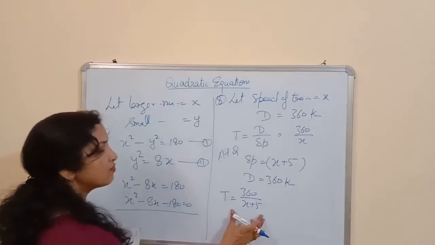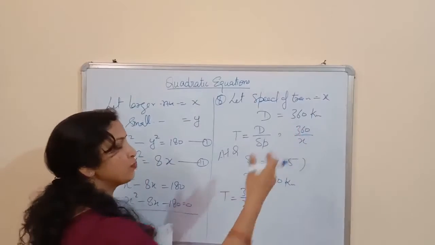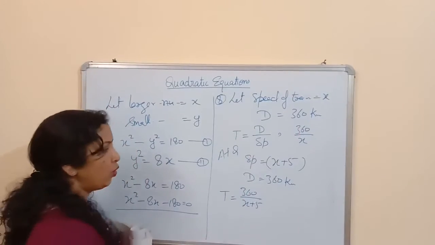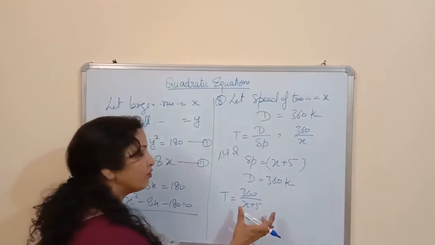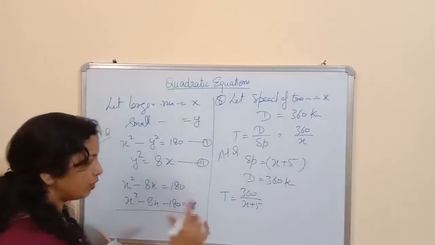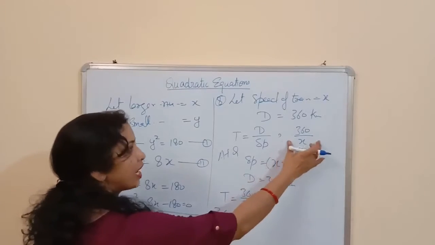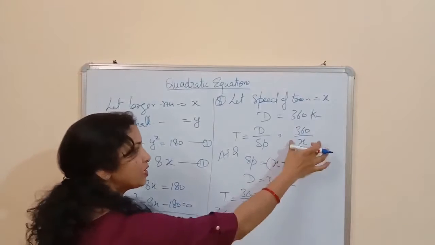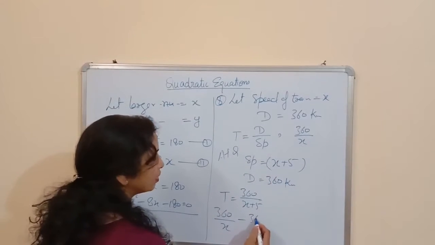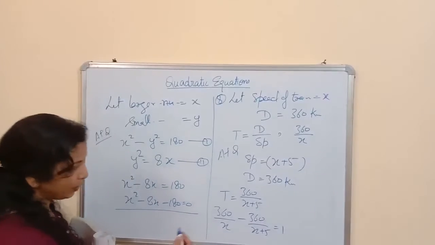Suppose initially it was taking 6 hours, now the time taken will be 5 hours. So this time is 1 hour less than this one. We can make the equation like this: 360 upon x minus 360 upon x plus 5 is equal to 1.